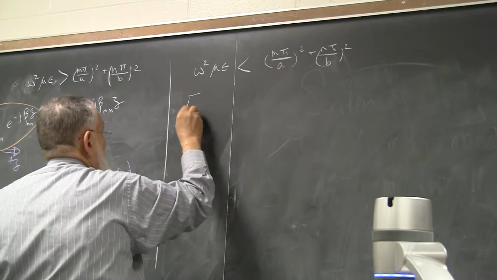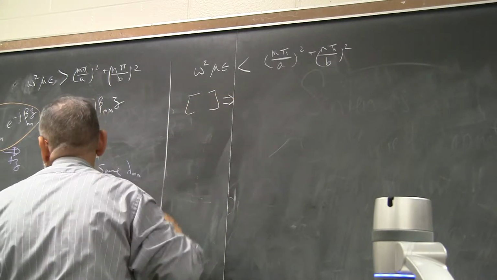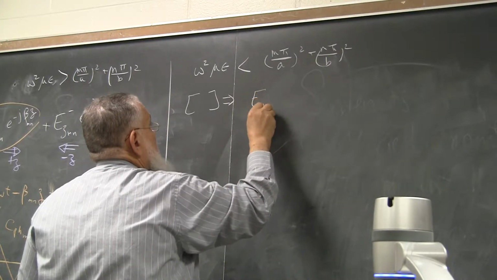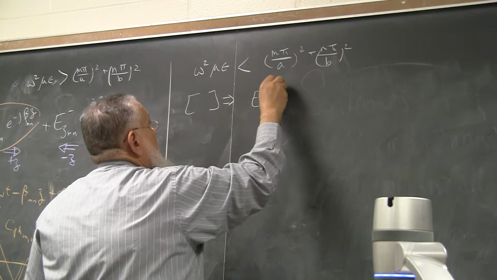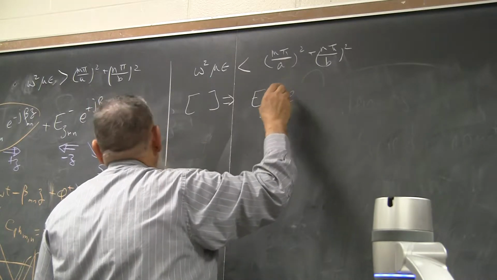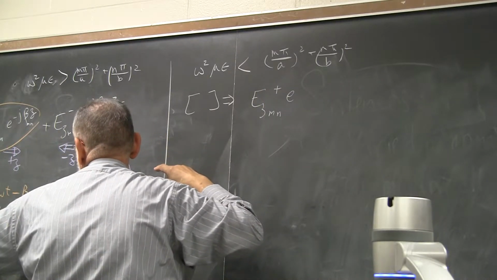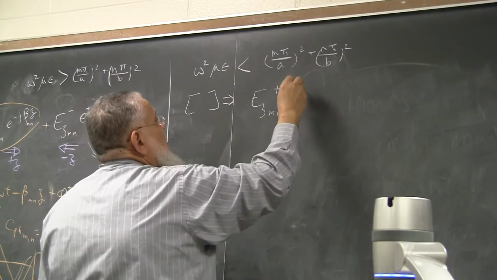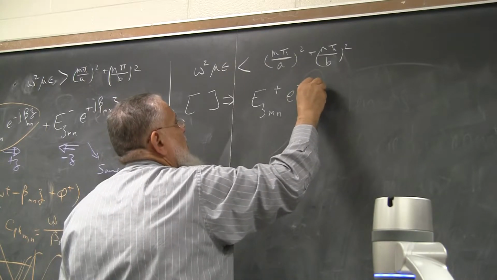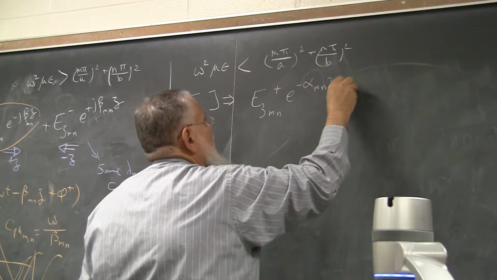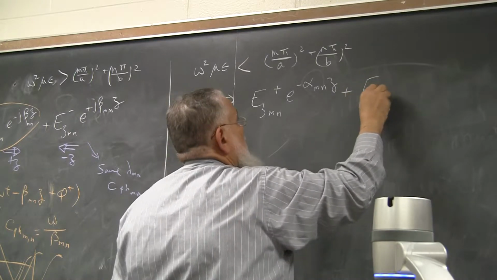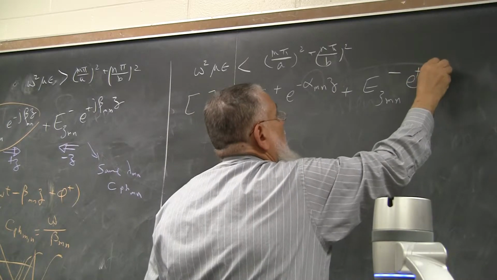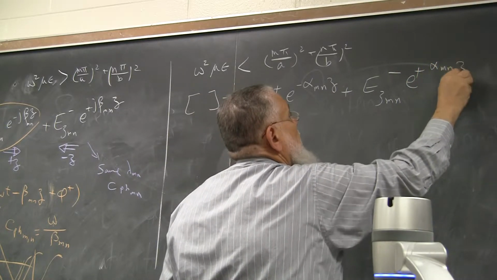My solution now for E sub z is going to be E sub z mn plus e to the minus alpha mn z, plus E sub z mn negative e to the plus alpha mn z.